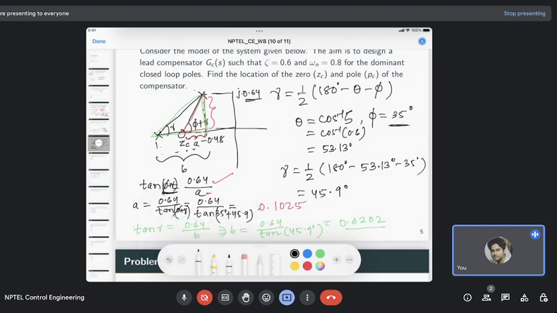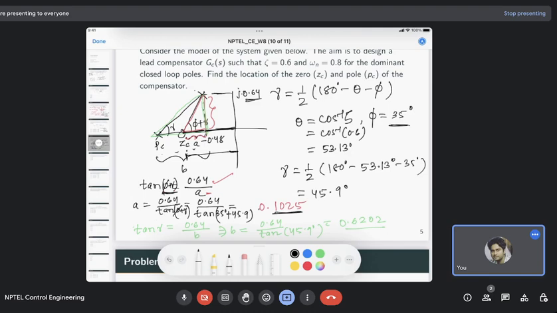Okay, so now the location of this zero and the pole are what? So this is this location, this plus this addition, right? So we see that this is 0.48 and this is A, we computed 0.1025, so the addition will be the total location of this zero to the left of the origin with the negative sign. So we add this 0.48 plus 0.1025.